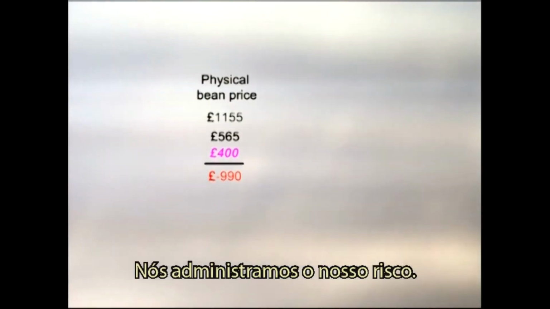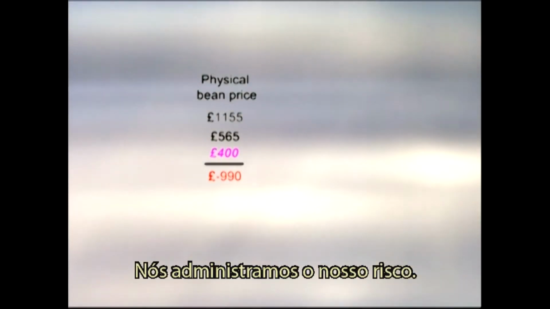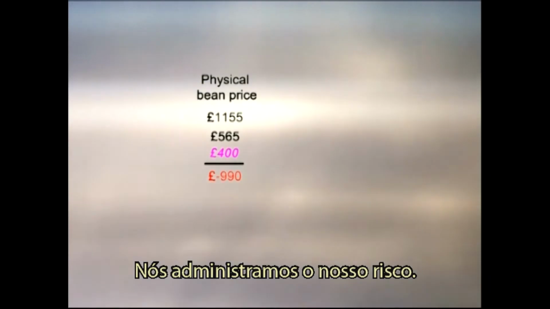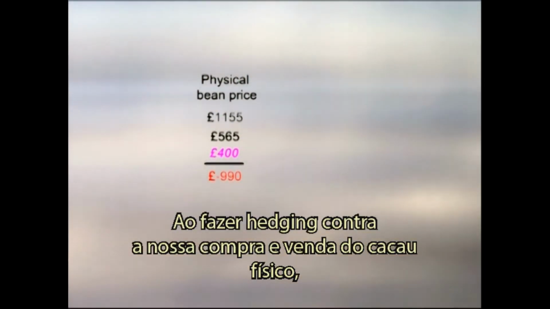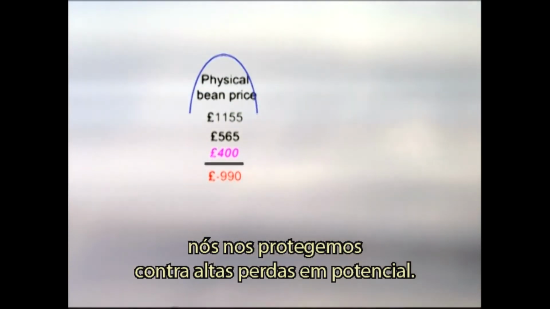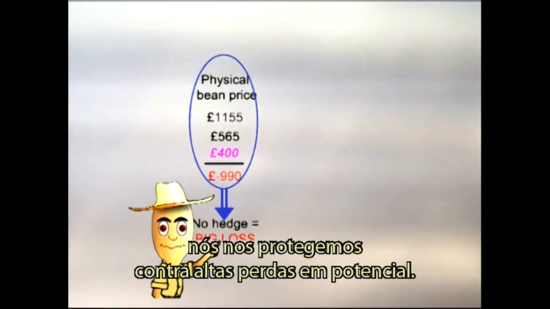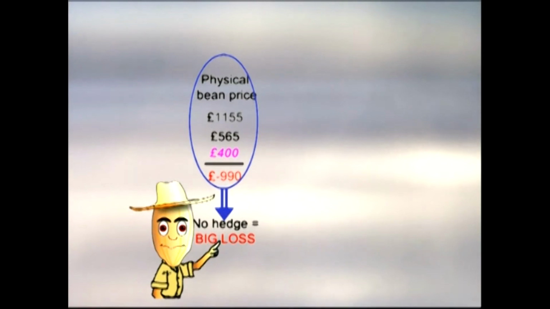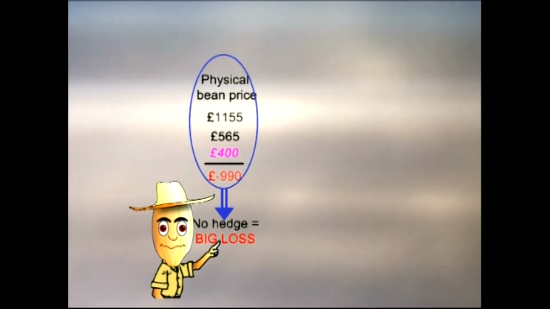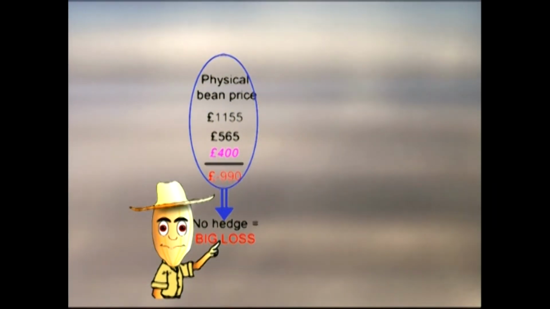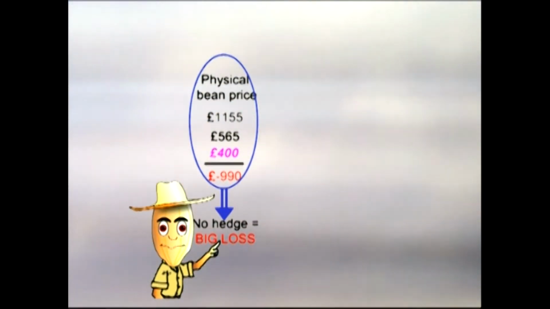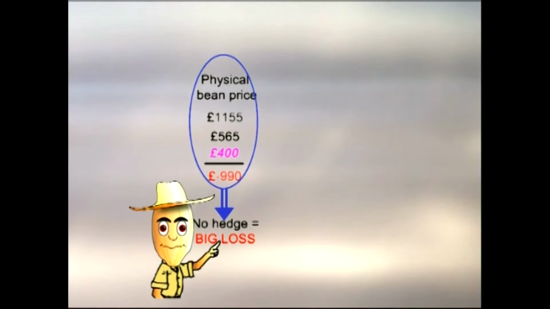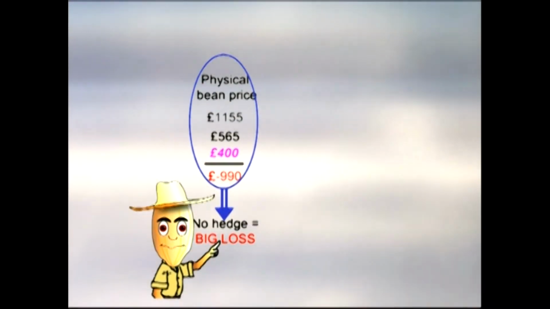What have we done? Yes, we have managed our risk. By hedging against our purchase and sale of the physical cocoa, we have protected ourselves against potentially very high losses. No hedging, a purchase at 1,155 plus costs of 400 and a sale at 565 would have been a loss of £990.